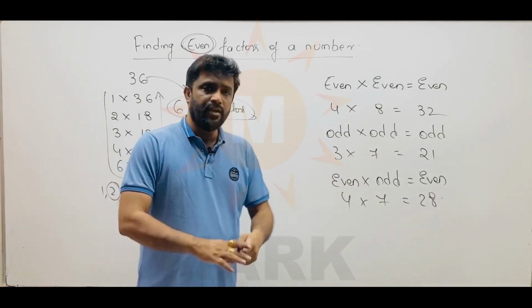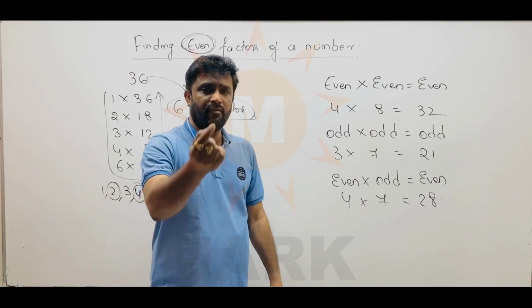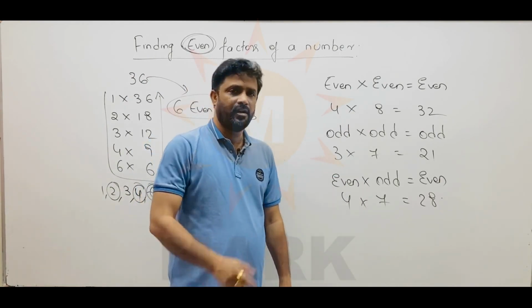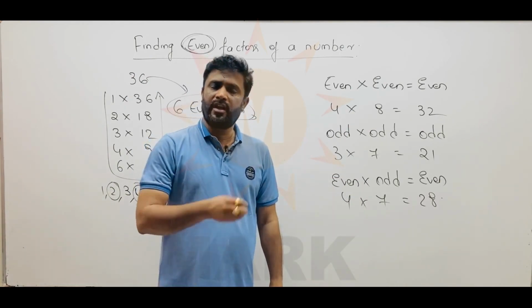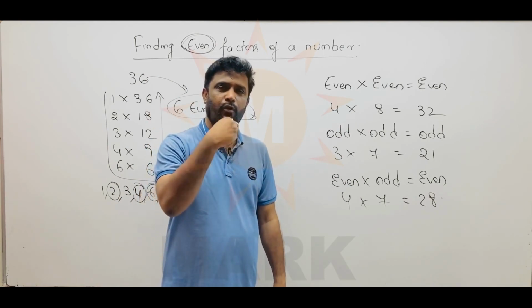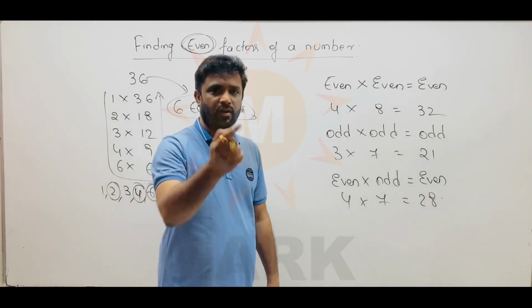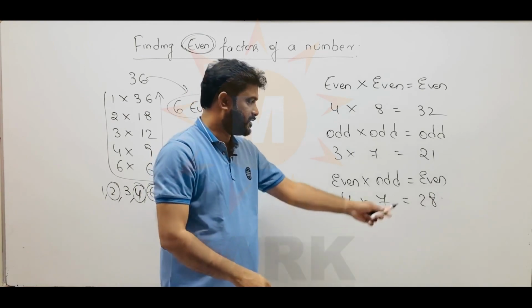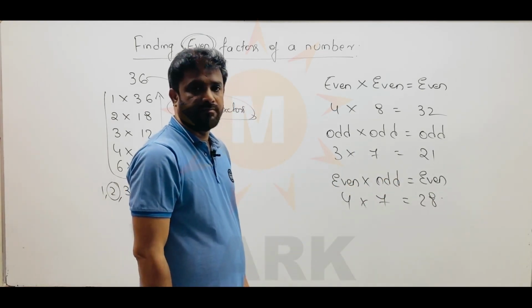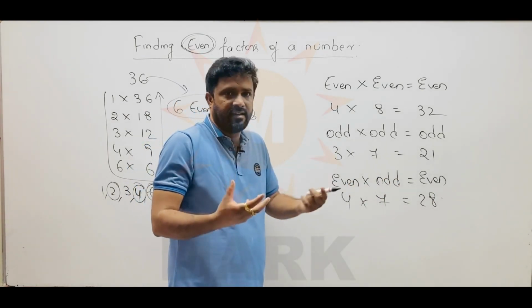Not only like this, you take n number of odd numbers, one even number is enough. The product will be an even number. You take 50 numbers, out of that 49 numbers are odd numbers. Just one even number you put, like 2 or 4 or 8, the product will be an even number. So even is more dominating in multiplication.